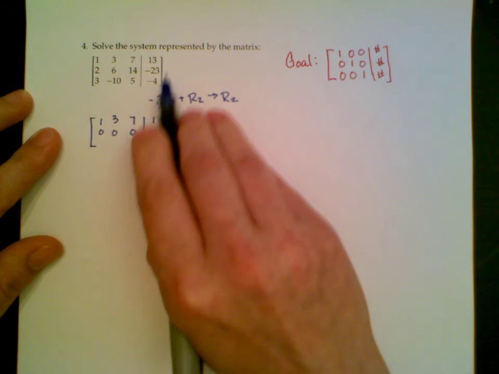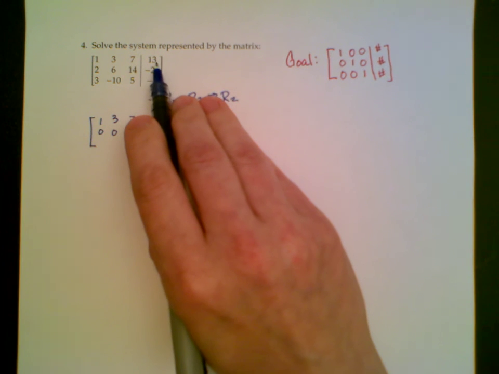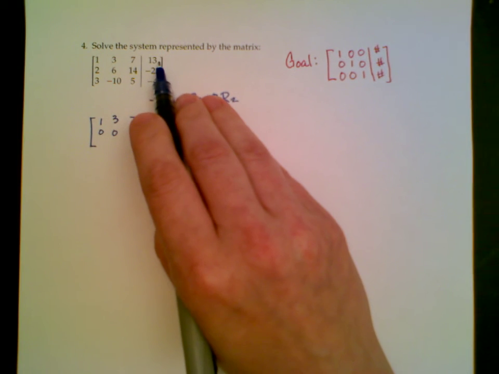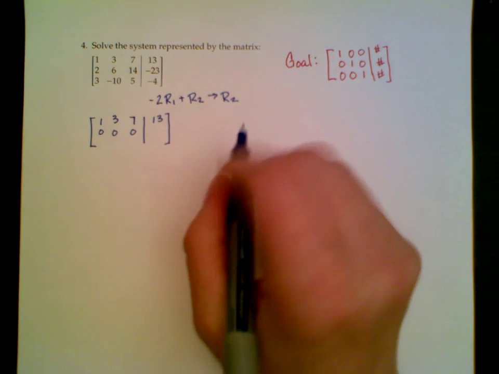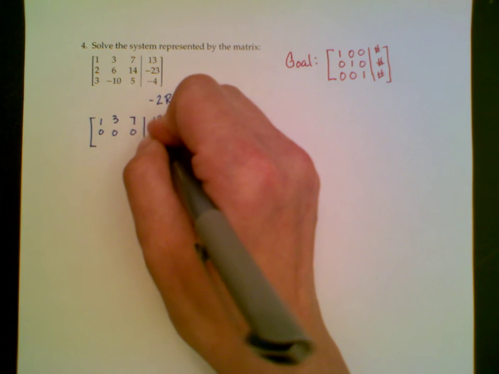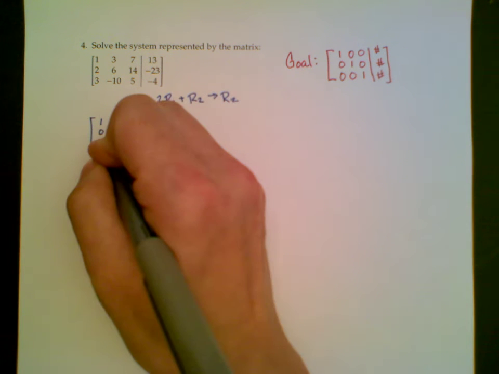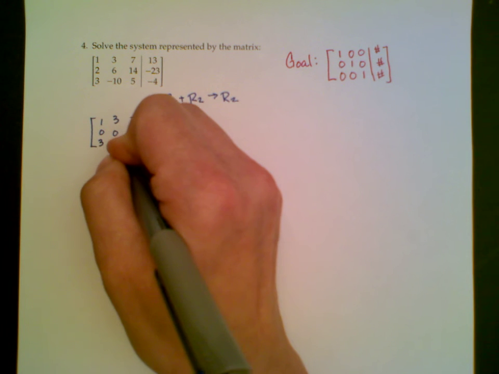Oh dear, -2 times 13 will be -26, and what will that be? -49. And now I'm going to recopy row 3.